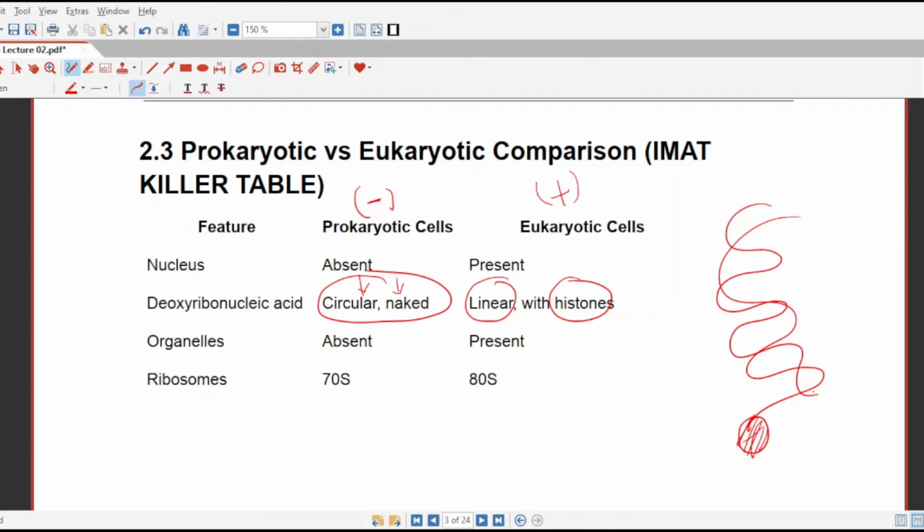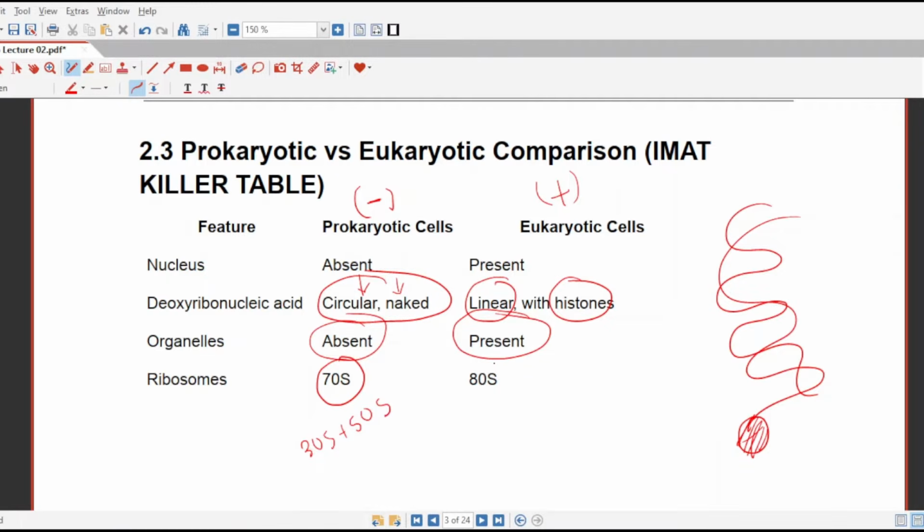Because DNA is very long and we need to organize it properly. The organelles, all the organelles will be absent, and in case of eukaryotic cell, organelles will be present. And ribosome will be 70S in prokaryotes, and if we break it down, it will be 30S plus 50S, and this S represents Svedberg unit.